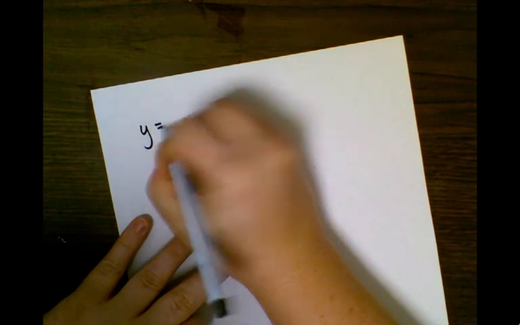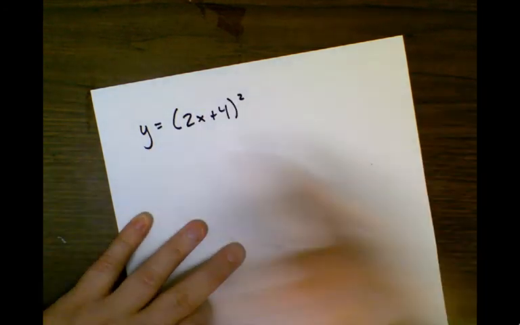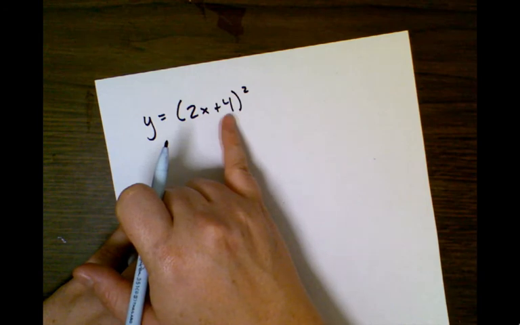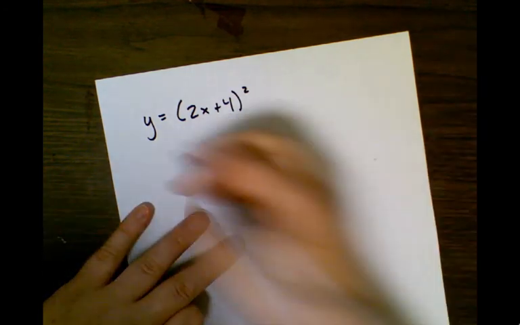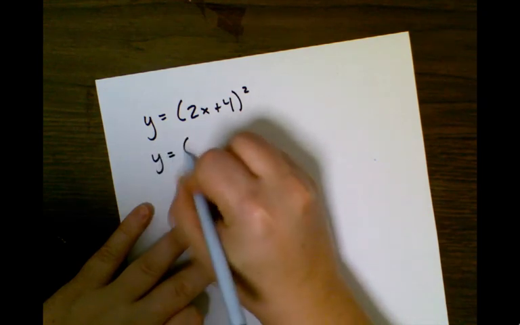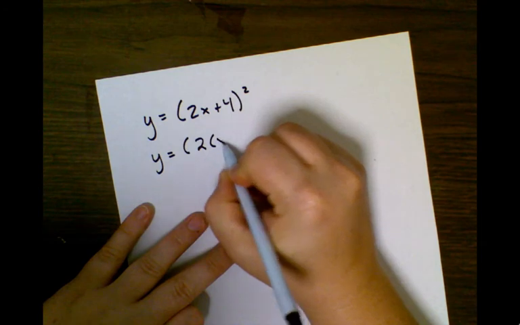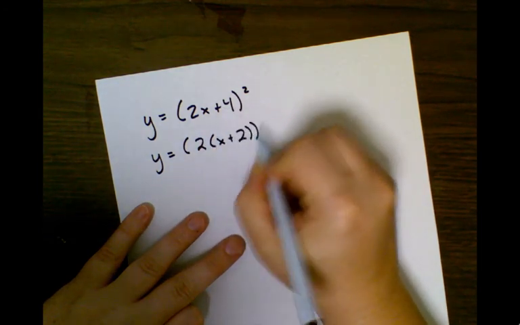What you should do with any function that has a coefficient, a multiple of your x, is go ahead and factor out that multiple. So 2 times x is 2x, 2 times what is 4? 2 times 2 is 4.